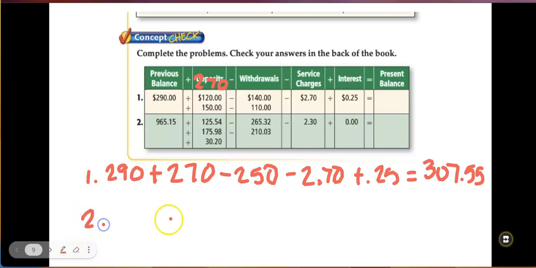Number two, you're going to be doing the same thing. You might add all these up. If you put these all into your calculator with subtracts and adds, you're more likely to make a mistake. Sometimes it's best to add up these columns in smaller amounts first, writing them each down. So when you add and subtract, it's easier.